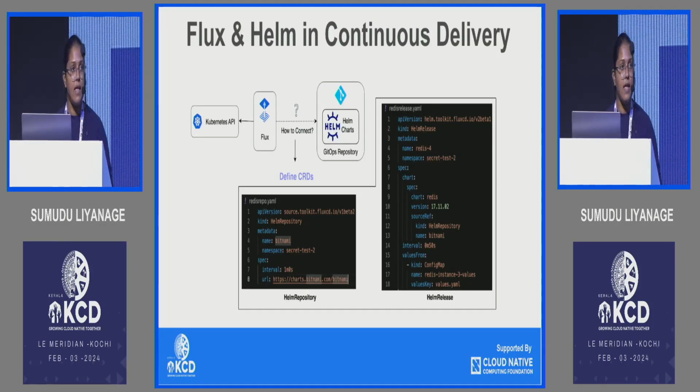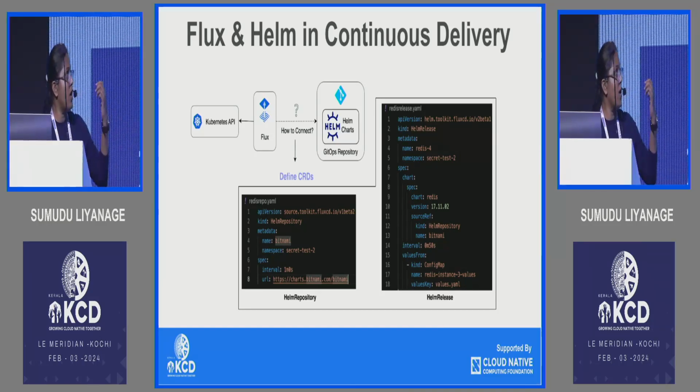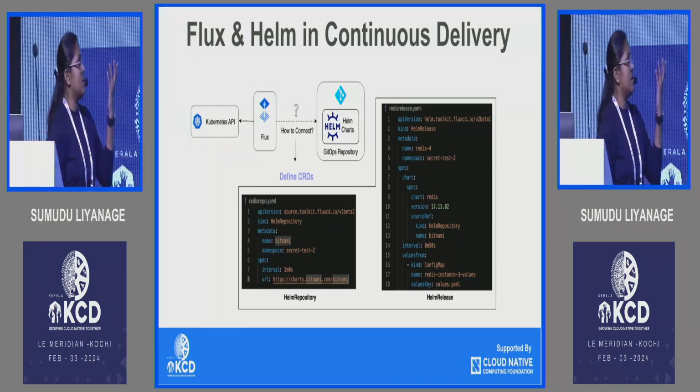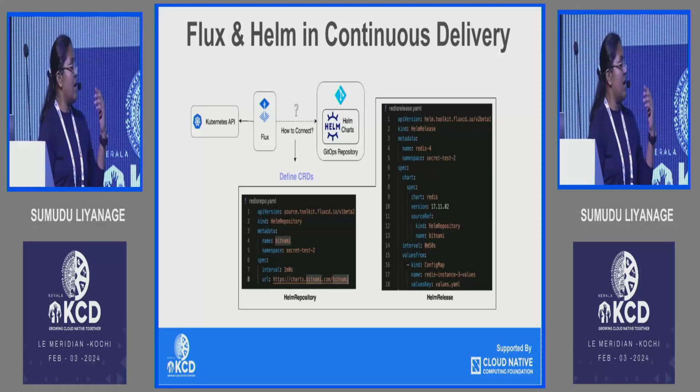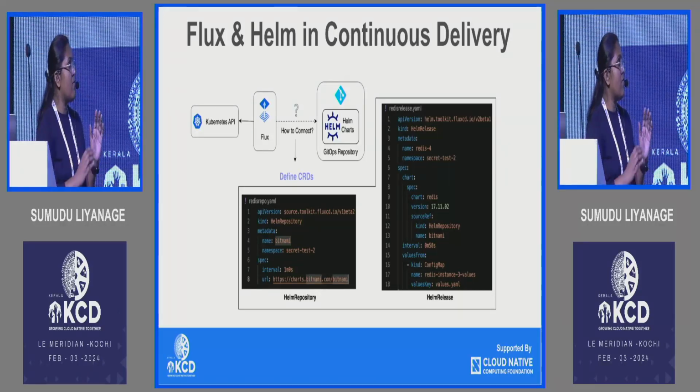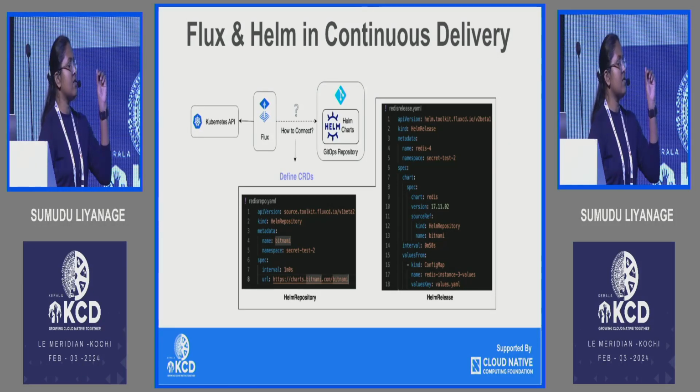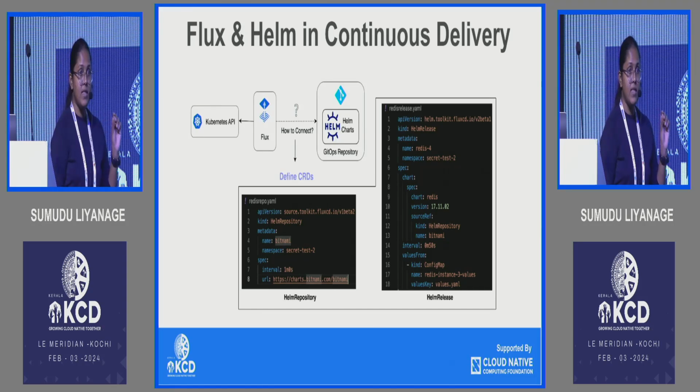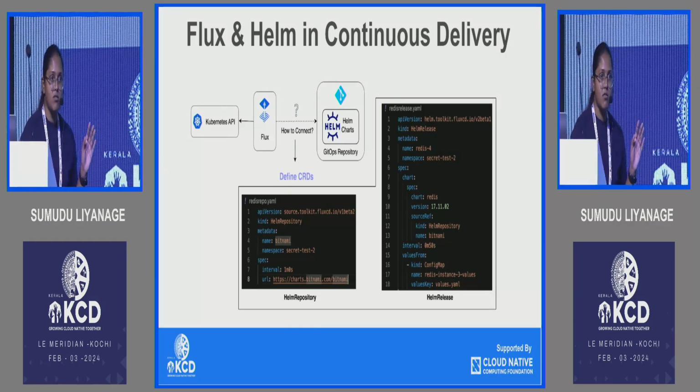So, Flux and Helm in continuous delivery. We have Flux installed in a Kubernetes cluster, and we have the remote GitOps repository. Now we want to configure Flux to connect with the remote repo. We do that by defining custom resource definition files.